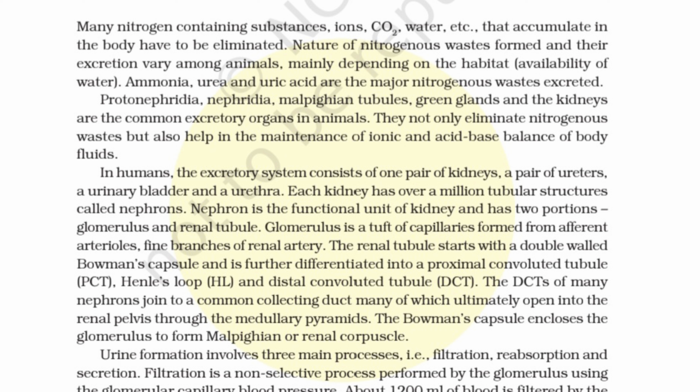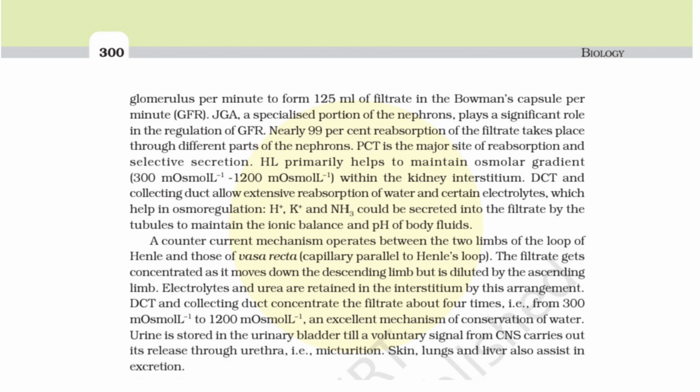In humans, the excretory system consists of one pair of kidneys, a pair of ureters, a urinary bladder, and a urethra. Each kidney has over 1 million tubular structures called nephrons. Nephron is the functional unit of kidney and has two portions, glomerulus and renal tubule. Glomerulus is a tuft of capillaries formed from afferent arterioles, fine branches of renal artery.